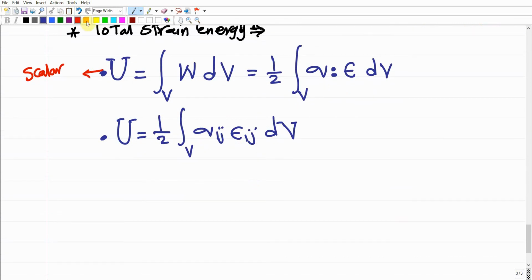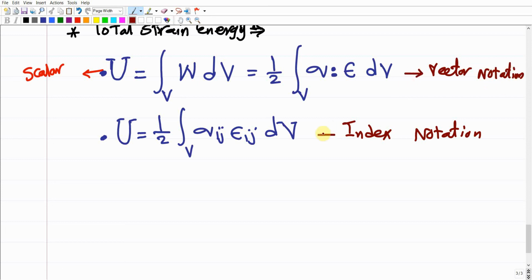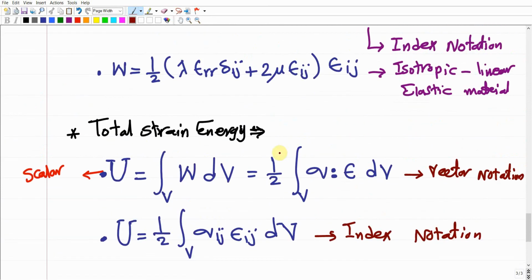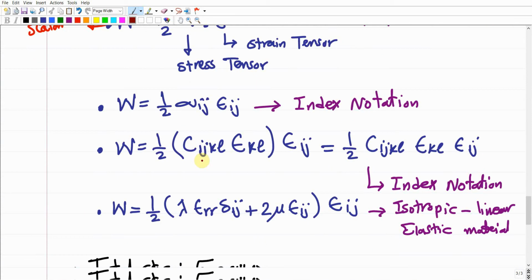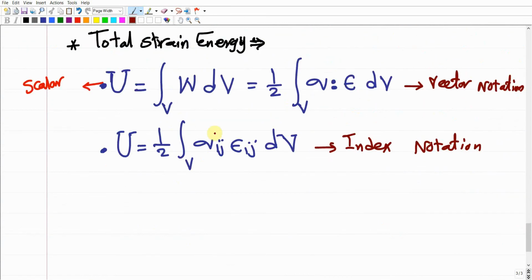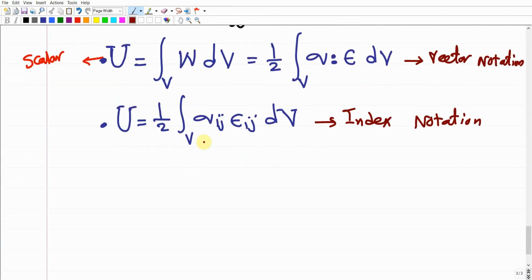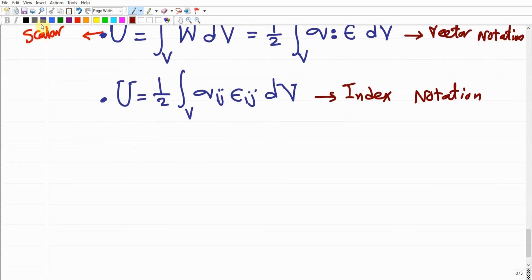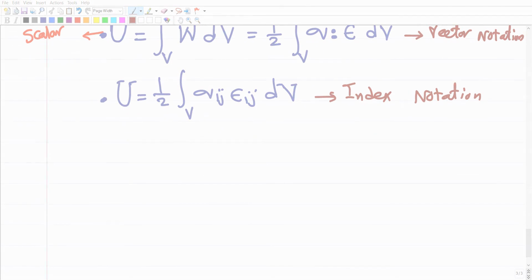This one is in the index notation, but the other in the vector notation. So this is how we can define the total strain energy, and nothing new as I mentioned, except that you should understand that the total strain energy is a potential energy that is the integration of the strain energy density function.